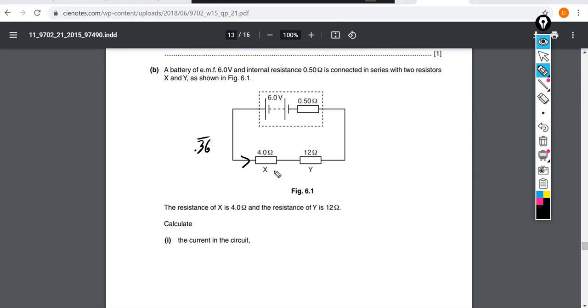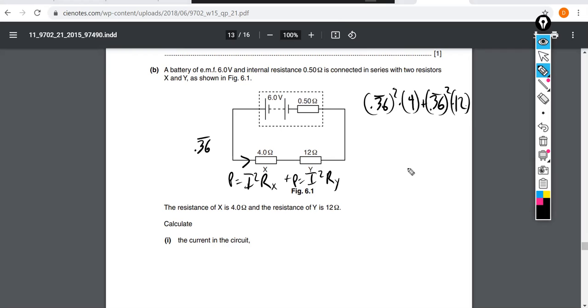So we could calculate the power as I squared R, because we know R. And so we'll take I squared R for this one, plus the same current I squared, but times this R. And then that would give us the total power developed in the external circuit for figure 6.1. So the calculation becomes 0.36 repeating squared times 4, right? So the 4 ohm resistor, that's I squared R, plus 0.36 repeating squared times 12. For the 12 ohm resistor, I squared R.